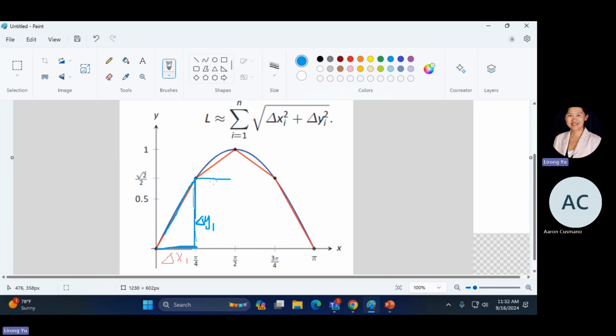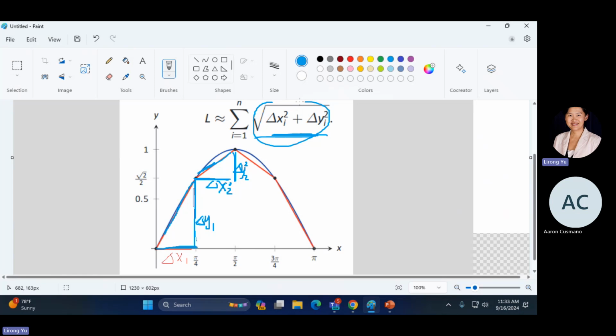Now this is delta x2, the second change in x, and this is the second change of the y value, delta y2. You square this one plus square this one, you have this square, take the square root, and you have the length. Essentially, you have to do this calculation 4 times because we are dissecting the entire curve into 4 line segments, calculating each one for the purpose of finding the total distance.